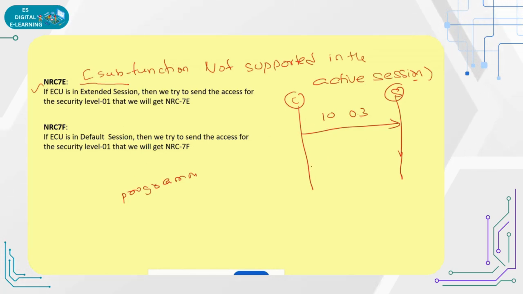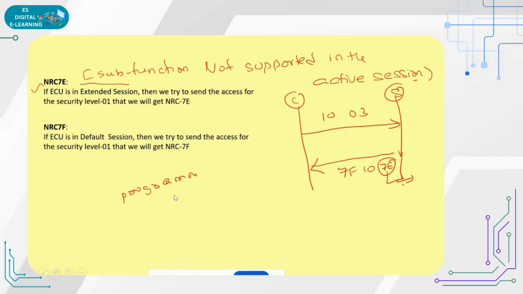If you do this, you will get the response 7F 10 7E. You can write down the same: when we try to send the security access for security level 1, we get a 7E. This is 7E, subfunction not supported.